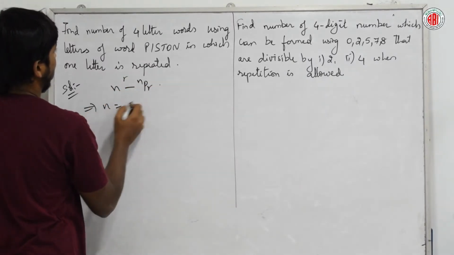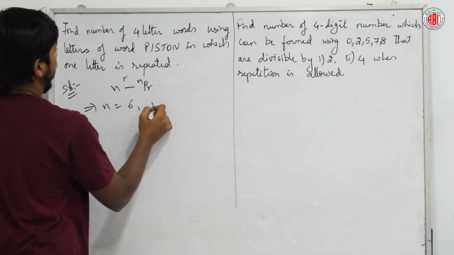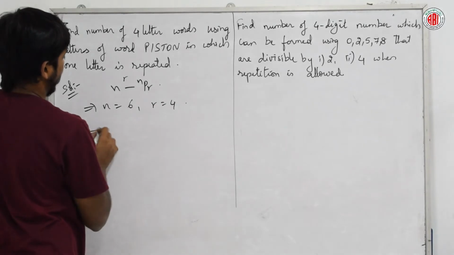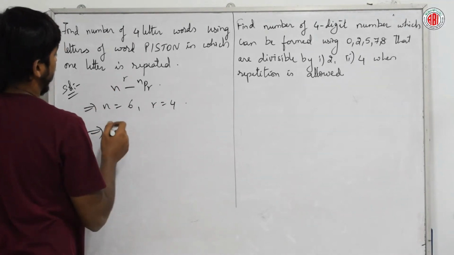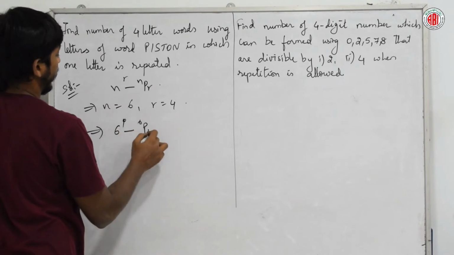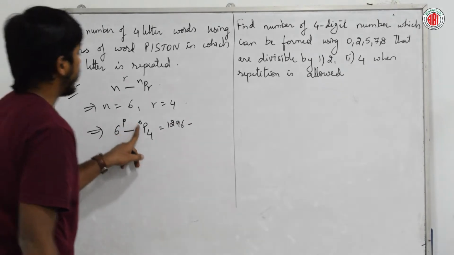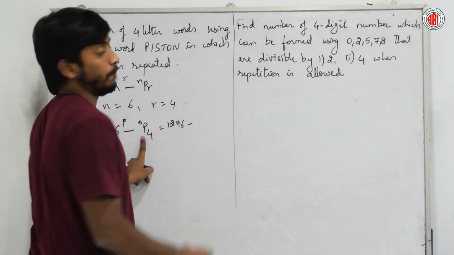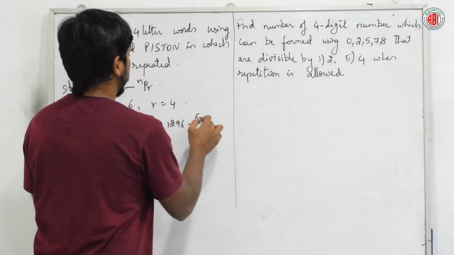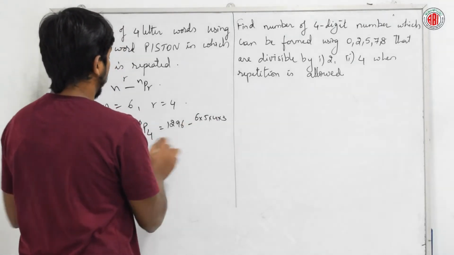What is n? N is 6, r is 4. Obviously, the arrangement is nothing but 6 power 4 minus 6P4, which is 1296 minus 6 factorial by 2 factorial. That is nothing but 6543 divided by 2, which will get cancelled.